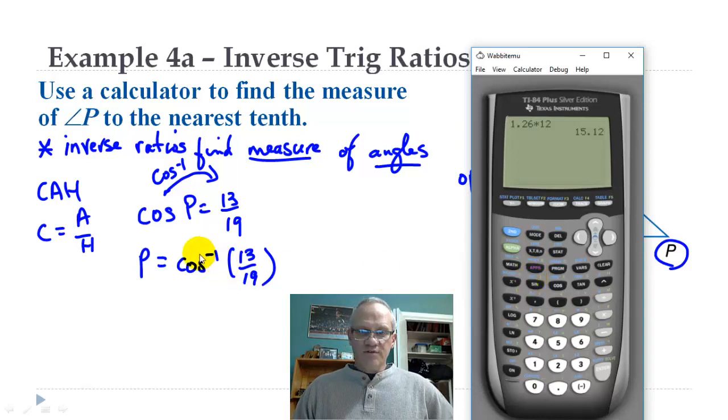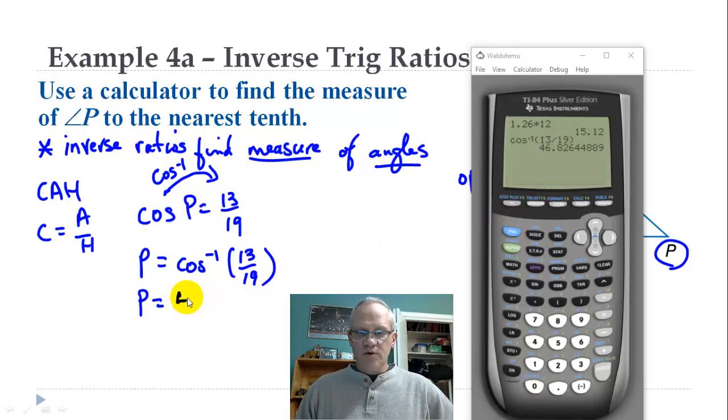We want the inverse of cosine, so we go second function, that cosine button. That gives us a little cosine -1. Then I'm going to type in 13 divided by 19. I'm going to hit enter, and it's going to say 46.8. So that means angle P would be about 46.8 degrees.